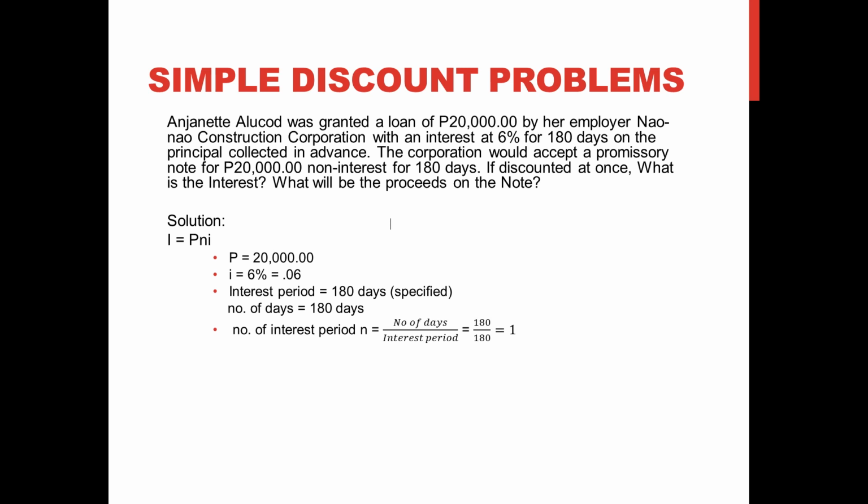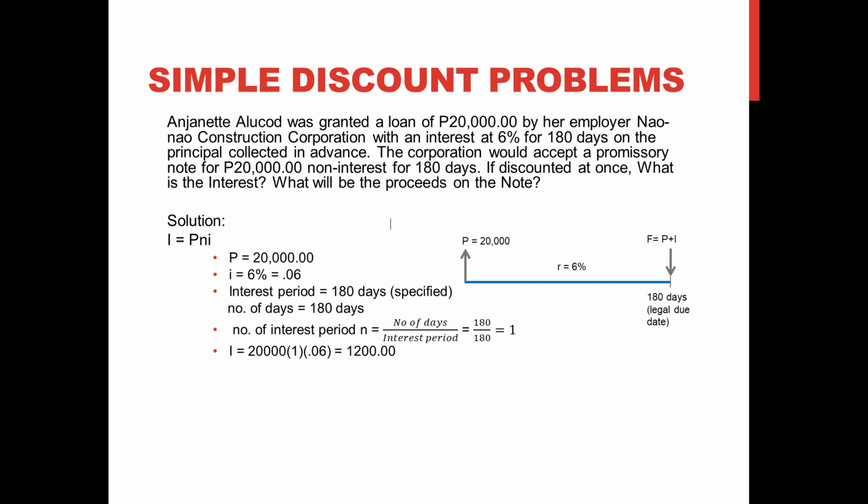So basically, we will have an n of 1, so that we can readily compute for the interest by using formula P and I. So we will yield 1,200 pesos, and 180 days is actually the legal due date, no? So kinolekta niya yung 20,000. So that is the condition if the principal is collected in advance.